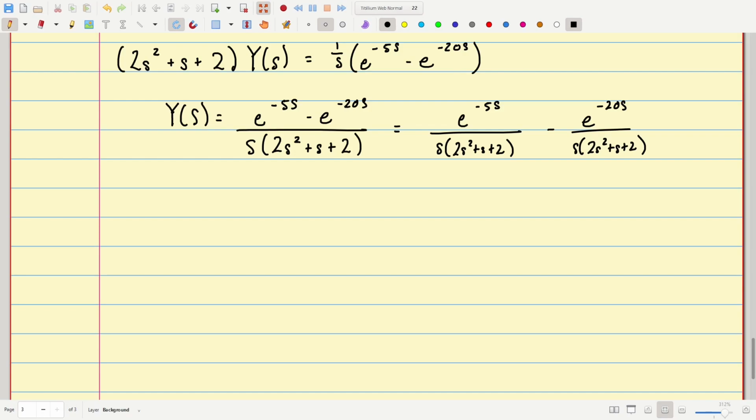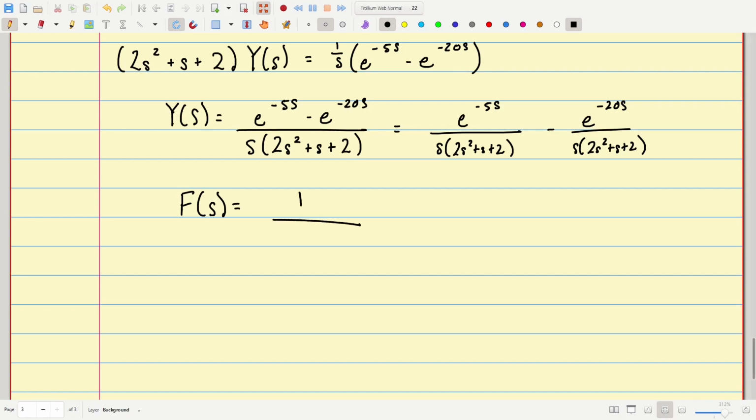Now, in the formula, it just said that it was some function, right? Some function that I know the inverse Laplace transform for. Okay, what I'm going to do is I'm going to encapsulate this function by just calling it capital F of s. All right.